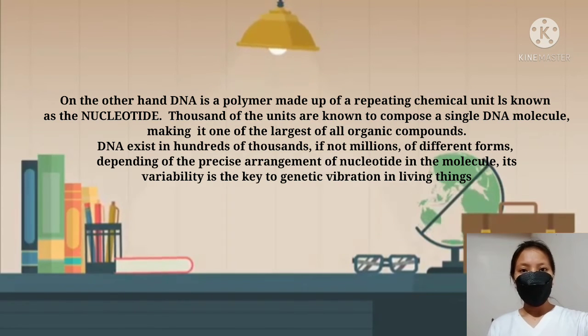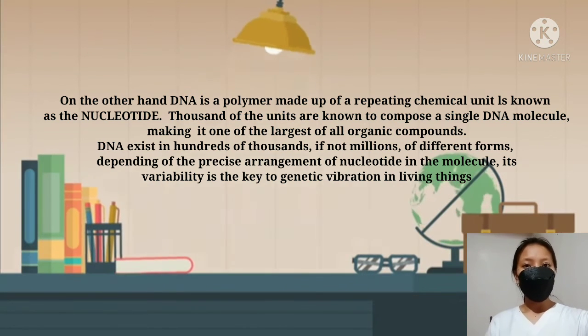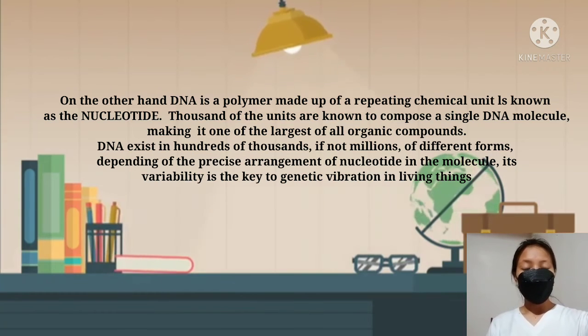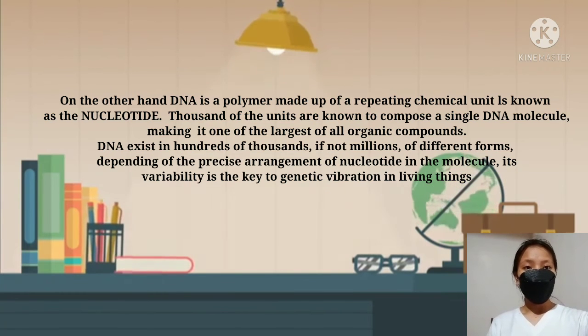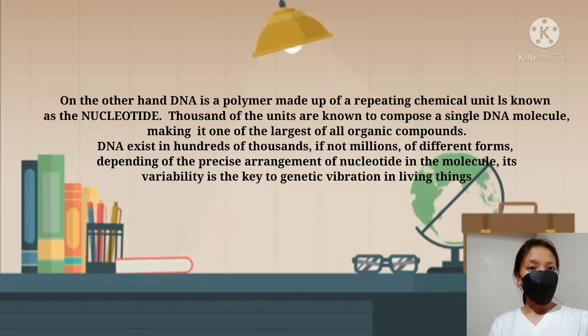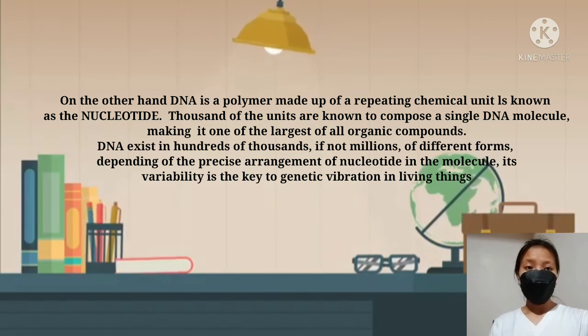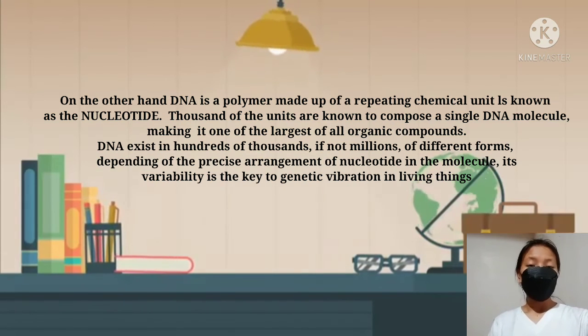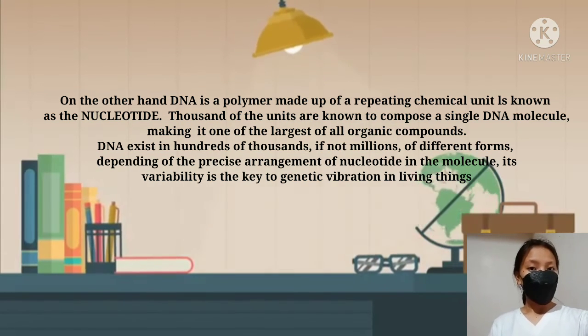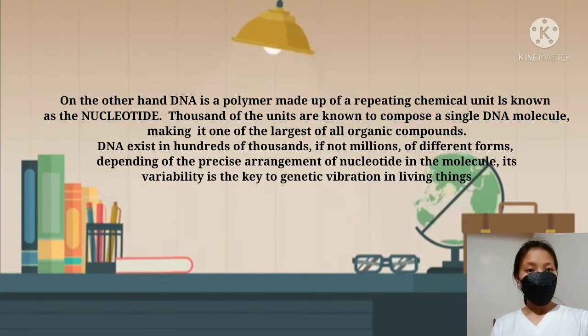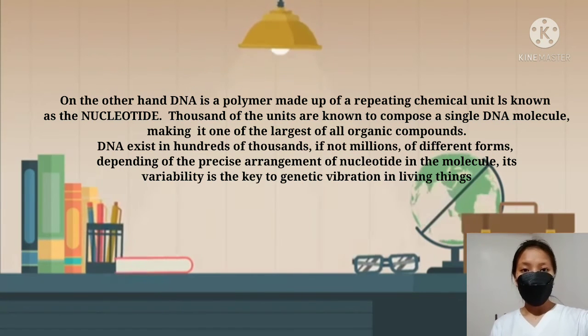On the other hand, DNA is a polymer made of repeating chemical units known as nucleotides. Thousands of units are known to comprise a single DNA molecule, making it one of the largest of all organic compounds.